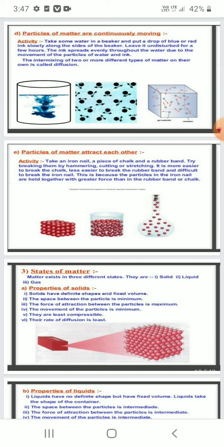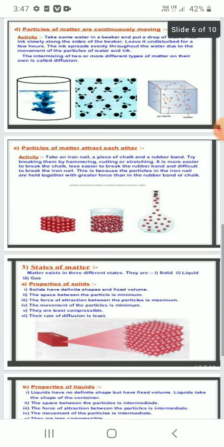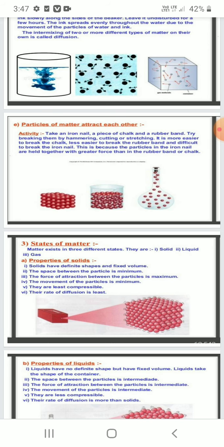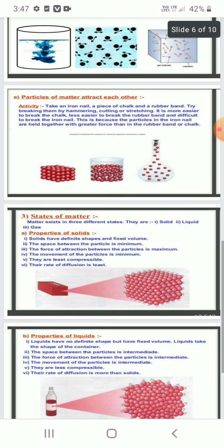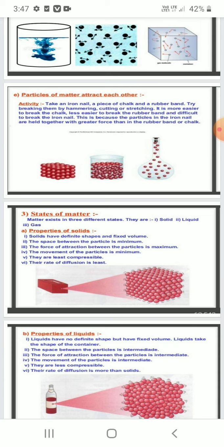Particles of matter attract each other. So this is another activity. You can notice it very clearly. Take an iron nail, a piece of chalk and a rubber band. Try breaking them by hammering, cutting or stretching. It is easier to break the chalk, less easy to break the rubber band and difficult to break the iron nail.